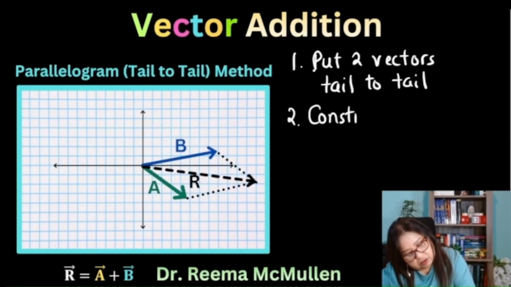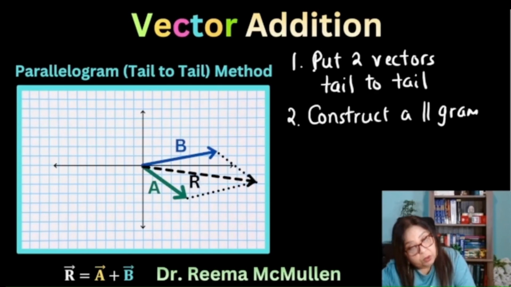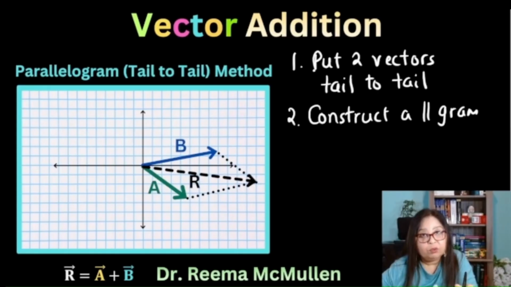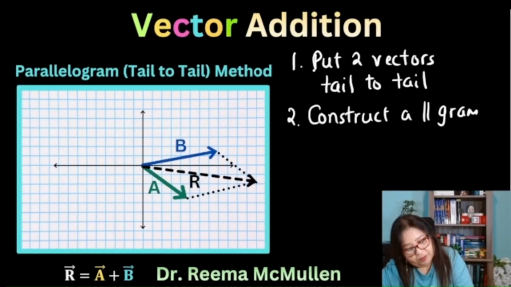Construct a parallelogram using these two vectors as two adjacent sides of the parallelogram. I'm not going to write it all down, but if you're writing down your notes, you should write it down.